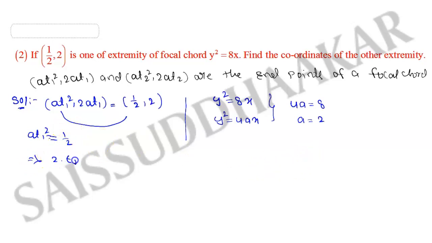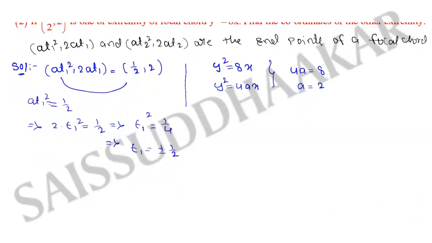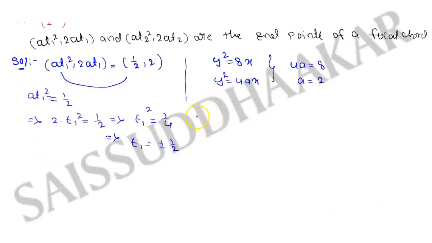So 2 times t1 square is equal to 1 by 2, implies t1 square is equal to 1 by 4, implies t1 is equal to plus or minus 1 by 2. The focal chord condition is t1 into t2 is equal to minus 1.